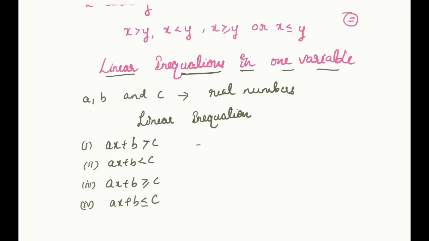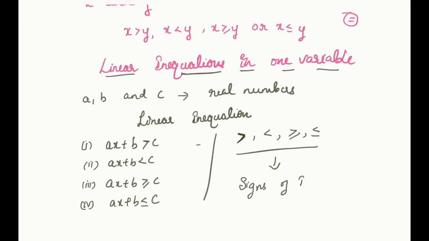Okay. So, solving a linear inequation algebraically. How do we solve a linear inequation? Before that, let me tell you, these signs, less than, greater than, less than or equal to, greater than or equal to, are called the signs of inequality.